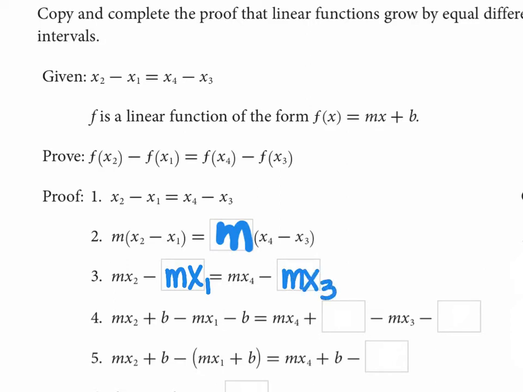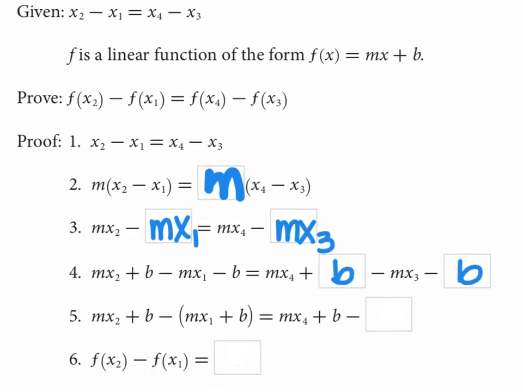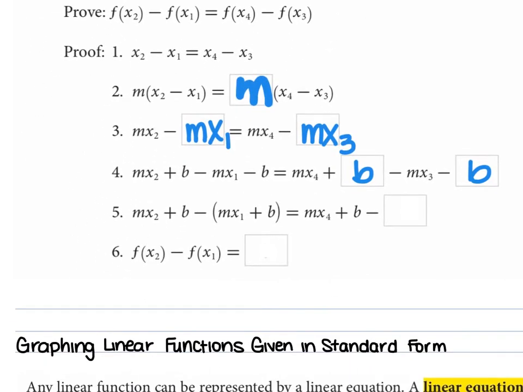So then if we add in a b to all of these, we're going to have mx2 plus b minus mx1 minus b is equal to mx4 plus b minus mx3 minus b. From here, we are going to rewrite this using parentheses where that negative comes out to make both statements positive. So that's mx2 plus b minus, taking that negative out, mx1 plus b.